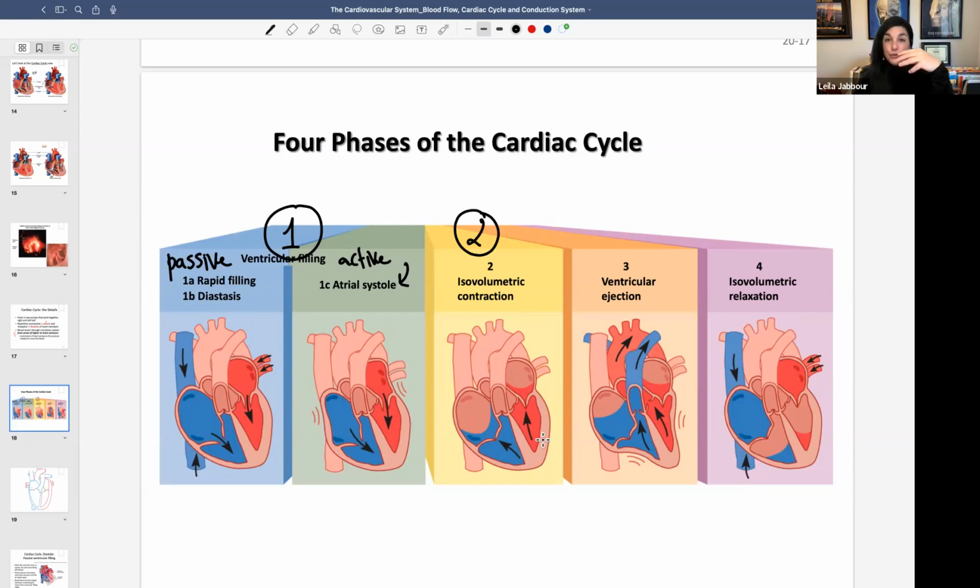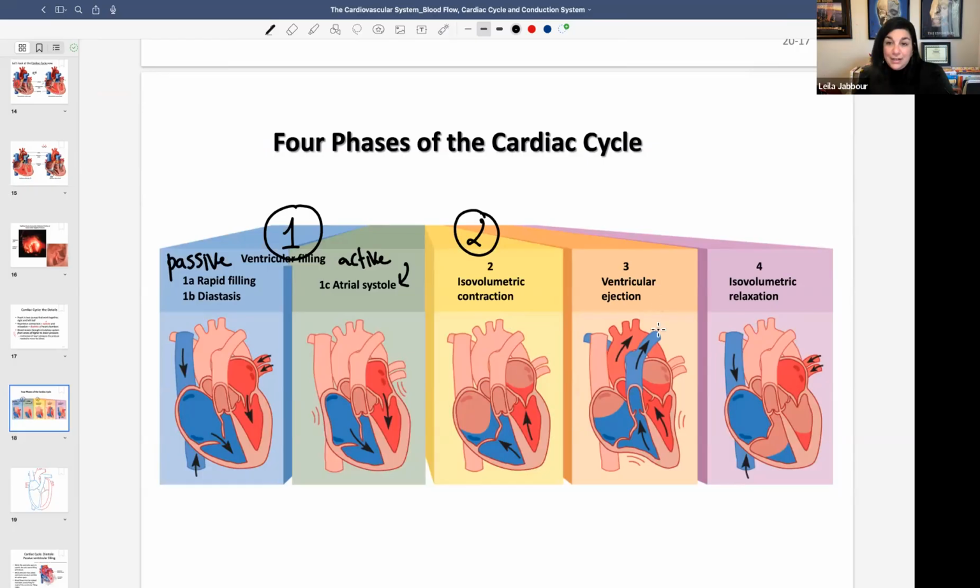When the ventricles are starting to contract, they're starting to be in systole, but the valves are all closed, so there is really no movement and no change in volume. It's just in one chamber, the blood is there, not moving, but there's pressure rising because those ventricles are squeezing. So that is called isovolumetric contraction.